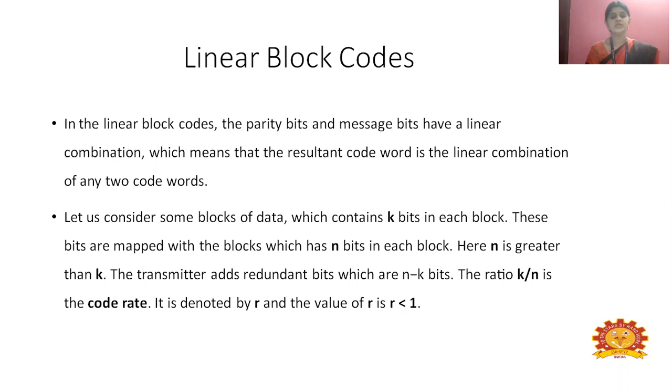The transmitter adds the redundant bits, that is extra bits, which are n minus k. So the number of redundant bits, that is check bits, added is n minus k. These redundant bits play an important role in correcting and detecting the errors. The ratio k by n is called the code rate. It is denoted by R and the value of R is less than 1.